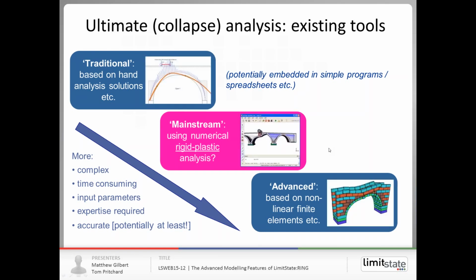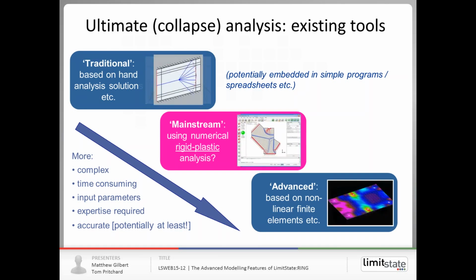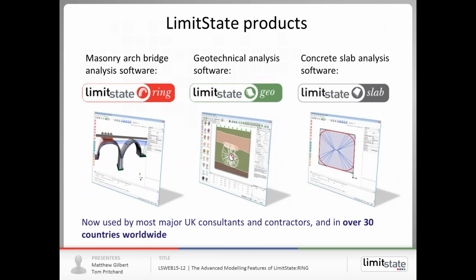And we could be talking about geotechnical problems, as shown on the previous slide, masonry problems, as you can see on the current slide, or, for example, reinforced concrete slab analysis problems, which you can see now on screen. And in fact, those three categories correspond precisely to tools currently available in the LimitState product range.